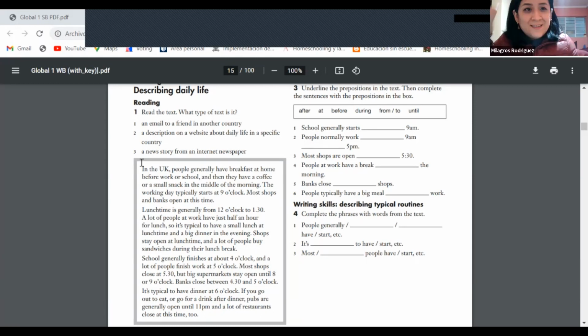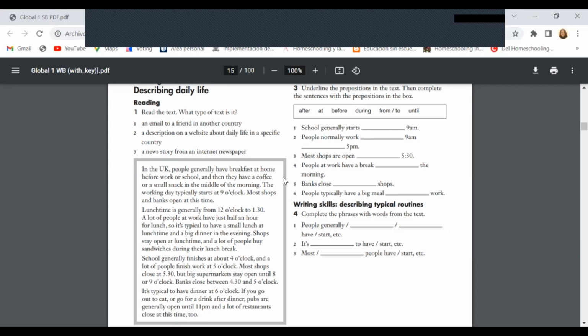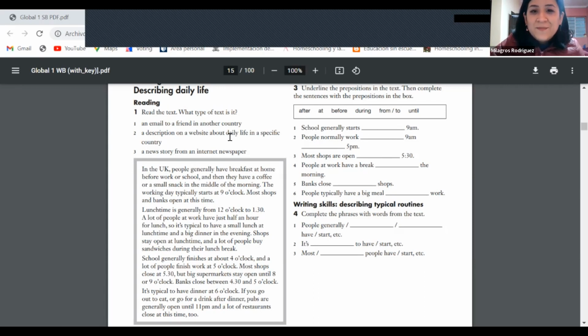After, muy bien. A las. At, muy bien. Desde y hasta. From to. Y, of course, ¿cómo traducirían during? Durante, muy bien. Entonces, todas estas palabritas están mezcladas en el texto y ustedes tienen que identificarlas y completar de acuerdo al contenido del texto.